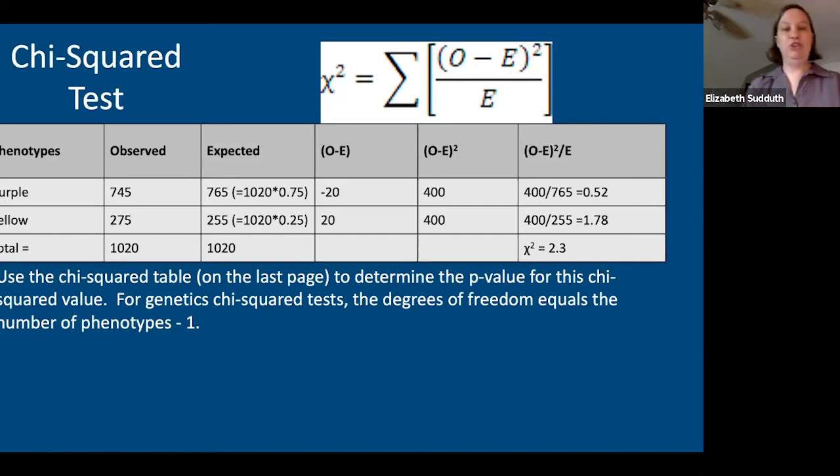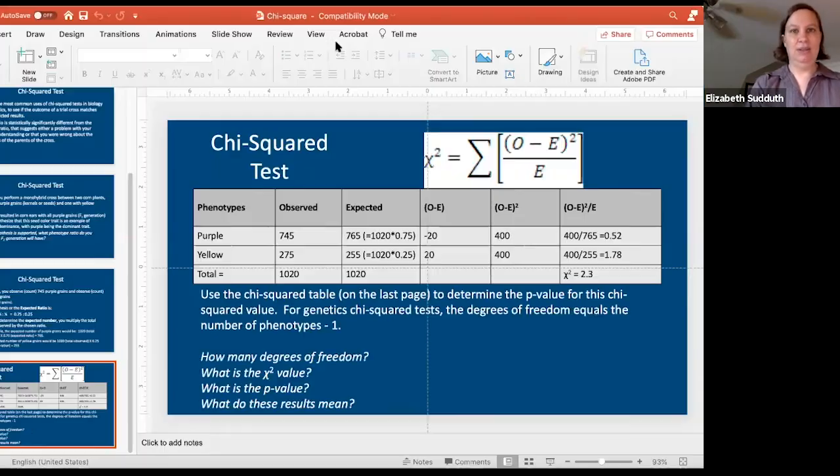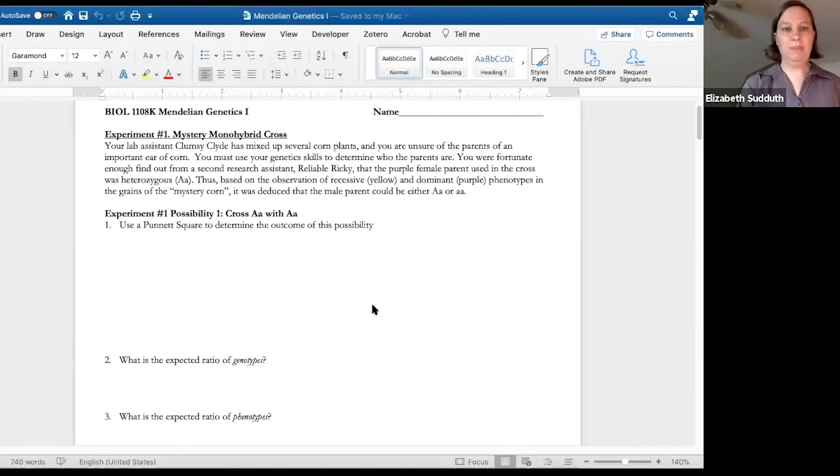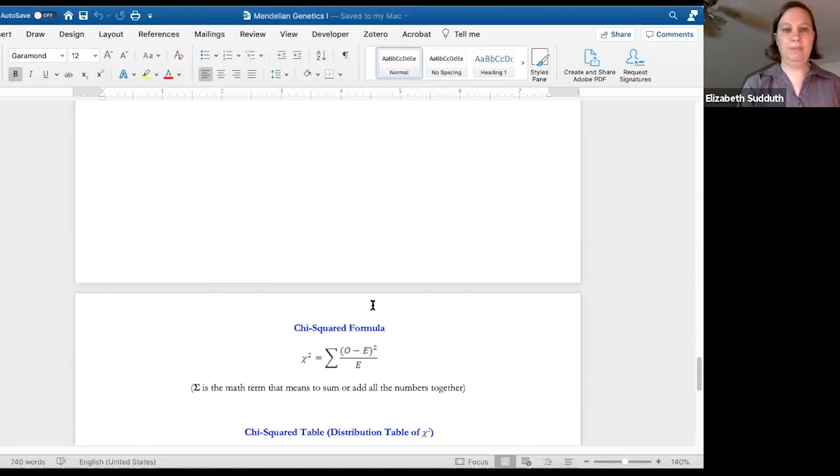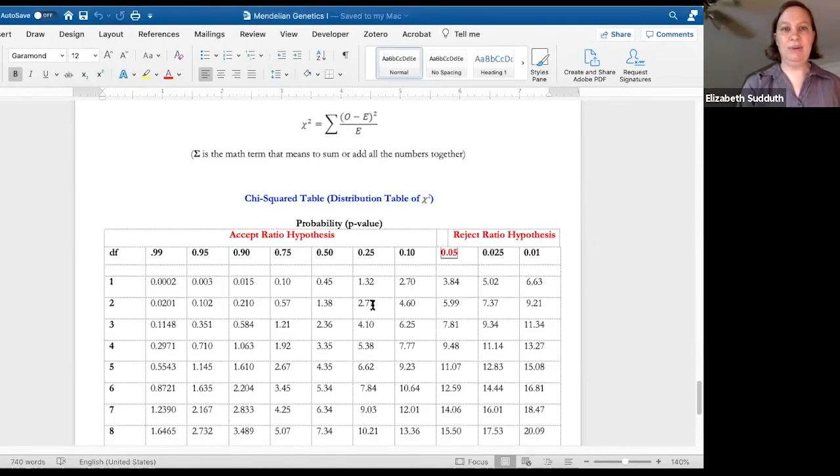So with a chi-squared of 2.3 and degrees of freedom of 1, we're going to jump over and look at the chi-squared table. So here's our chi-squared table.